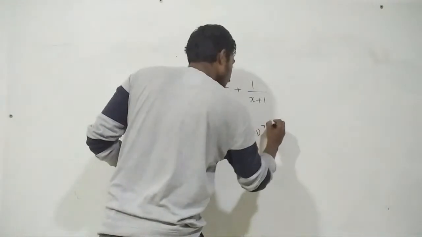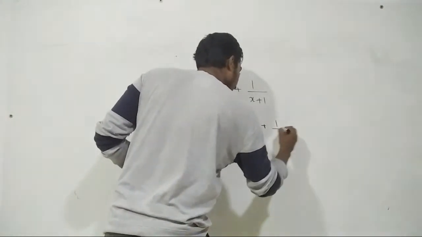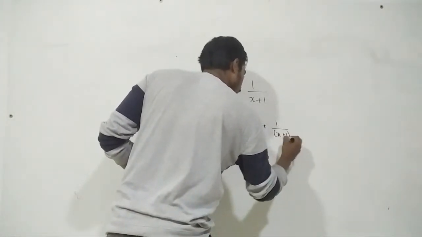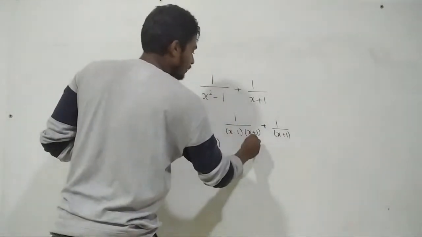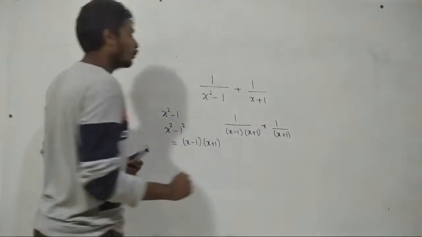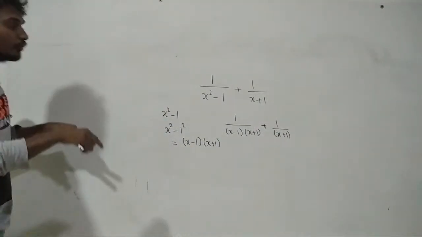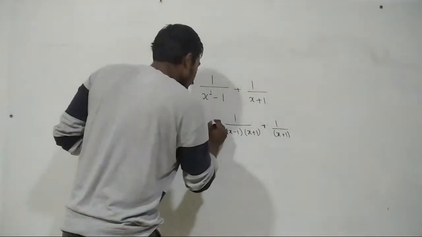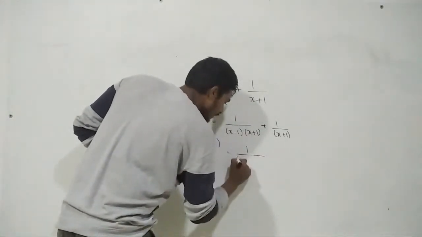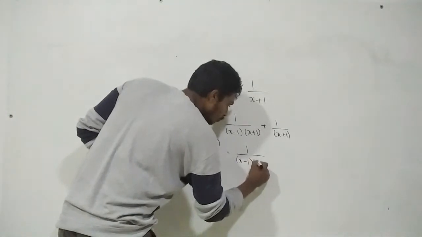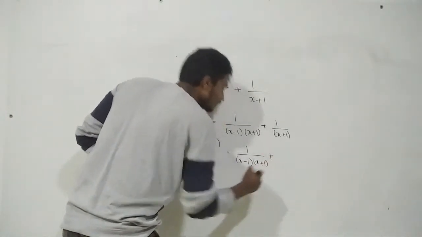Plus 1 over x plus 1. So this is exactly what we're going to have. Now let's consider this: 1 over x minus 1 into x plus 1 plus 1 over x plus 1.